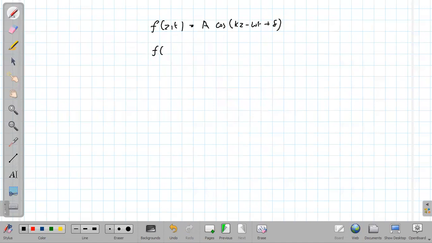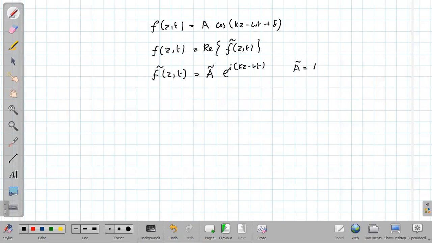Now this function can be written as the real part of f tilde of z,t. And what is this f tilde? It's a complex form of the same function. f tilde can be written as A tilde e raised to i (kz minus omega t), where A tilde contains both amplitude and phase.